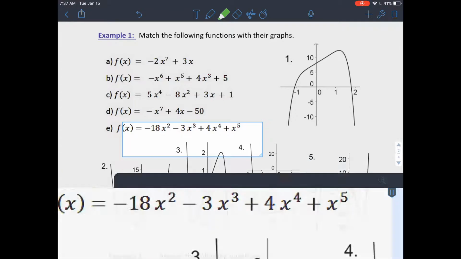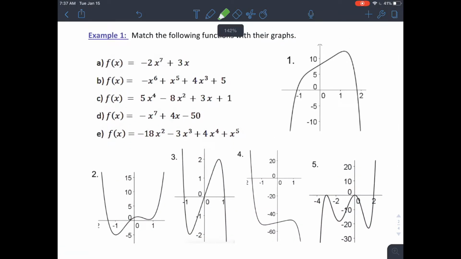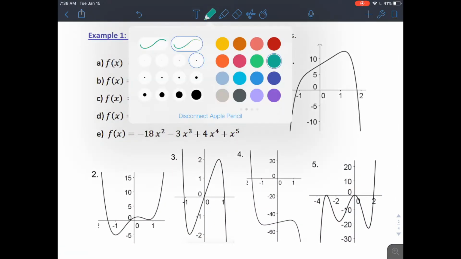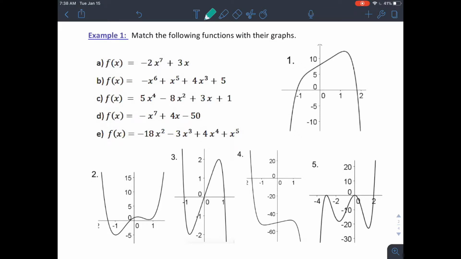Okay, we're going to use what we talked about to do a little matching of some polynomials with their graphs. So I would narrow this down based on degree first. If you look at graphs 1 and 2, those are going to be even degree polynomials because both of their ends are going the same direction.